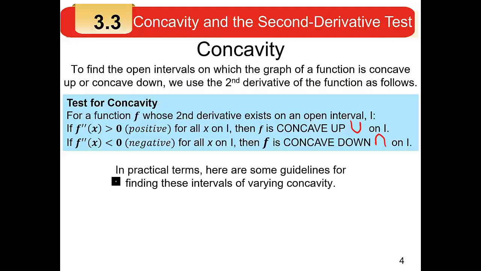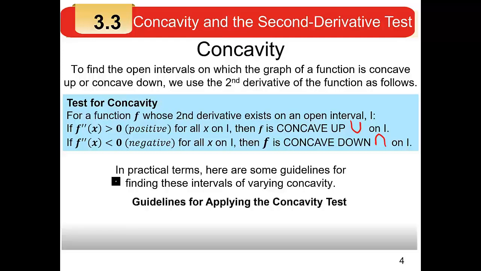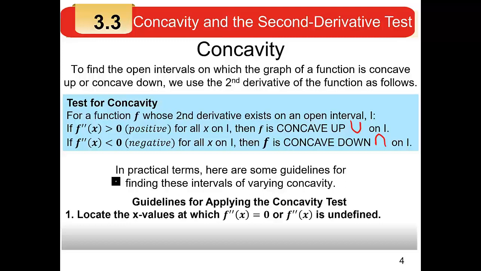In practical terms, I'm going to give you some guidelines that will help you in solving problems. First of all, you'll want to locate the x values at which the second derivative is either 0 or undefined. Think back to when you were doing increasing and decreasing. You were doing that with the first derivative. Now you just extend that same procedure to the second derivative. Then you'll use those x values to determine the test intervals.